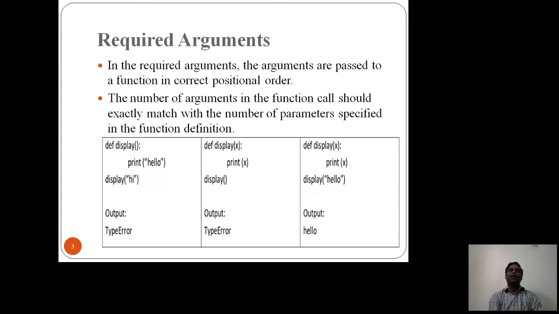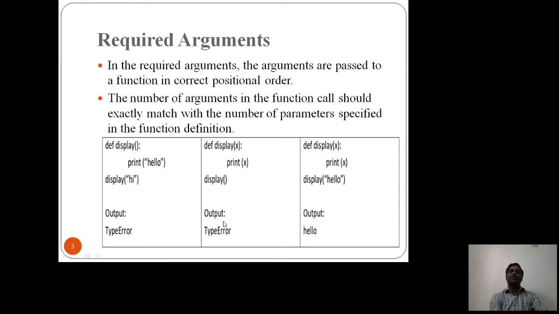So that we can call it a required argument. Here you have three examples, so observe them. In the first example, I have a display function that prints hello. It's a zero parameter function. I am calling this function with one argument, hi, and it's giving an error called type error. In the second example, I have display with one parameter x, and I am saying print x, but I am calling this function with zero arguments.